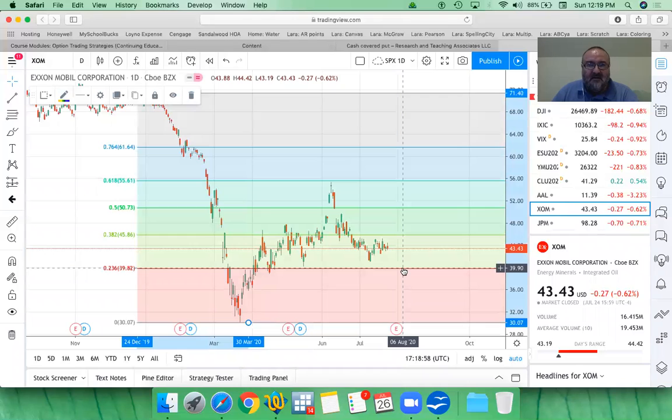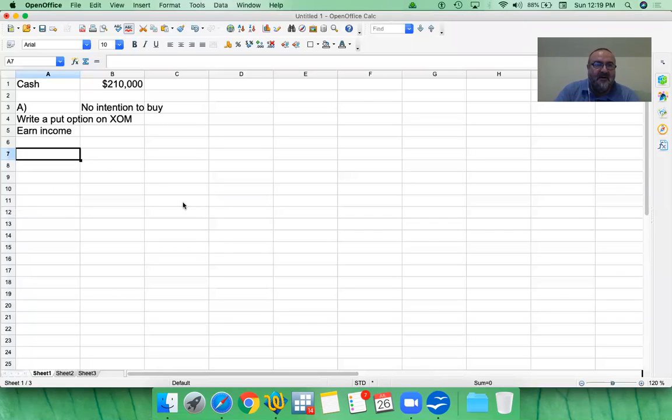But again, this is for paper money, and anything can happen. There's a second wave of coronavirus, and if things were to go down, and it becomes apparent that the economy will not be able to open back up, the price can actually dip below this. Anything can happen. So I need to have the cash to back this up.